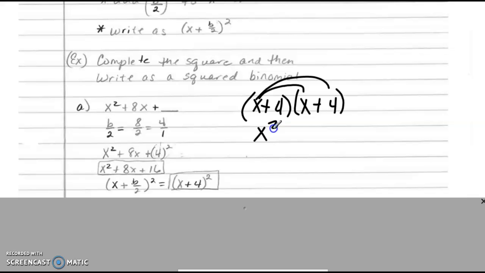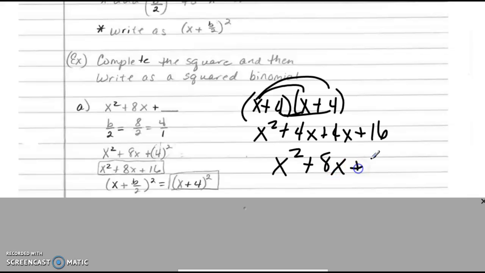You're going to get x squared plus 4x plus 4x plus 16, which gives us x squared plus 8x plus 16, which is what we had right here. So once we complete the square, it allows us to write our trinomial as a squared binomial, which is going to help us in solving quadratic equations when we complete the square.